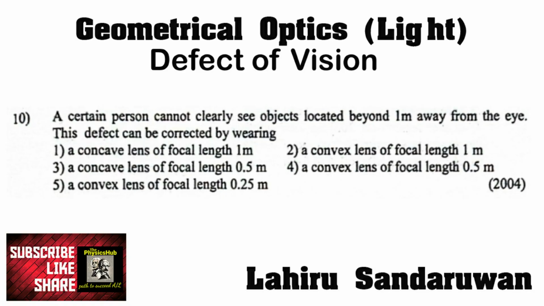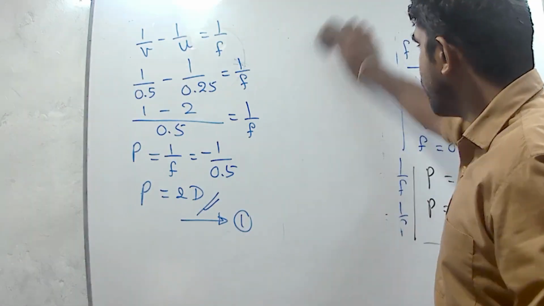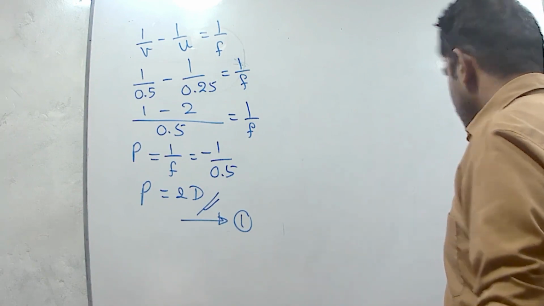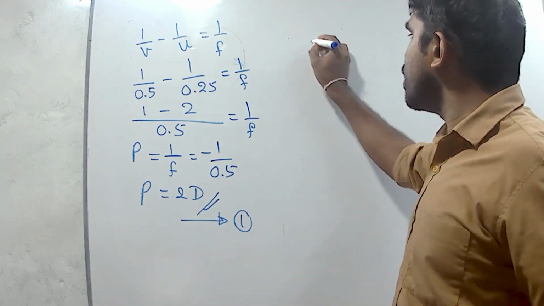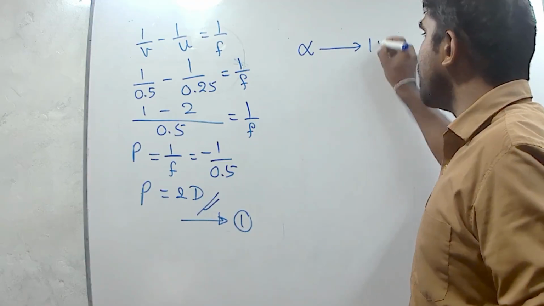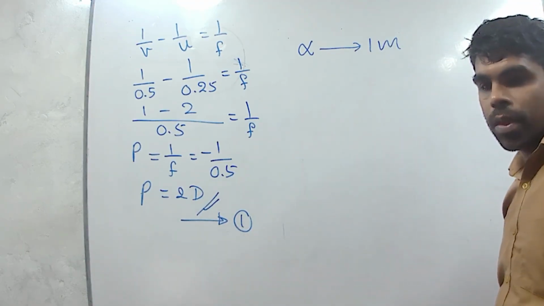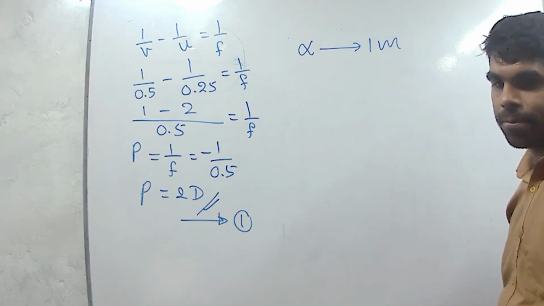A certain person cannot clearly see objects located beyond 1 meter from the eye. The defect can be corrected by wearing which lens? He has to see infinity. To see infinity, infinity should be brought to 1 meter. It is the maximum distance he can see with the eye.